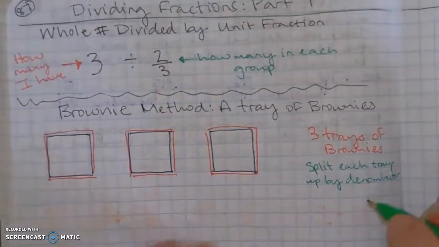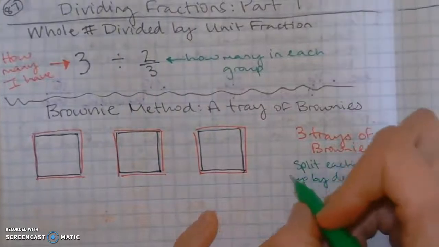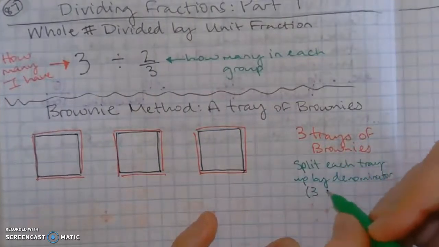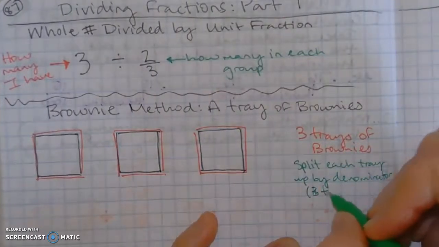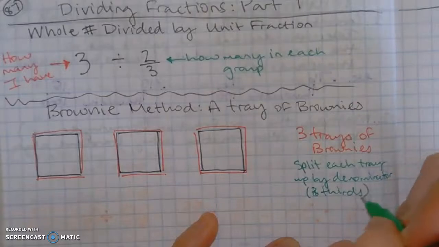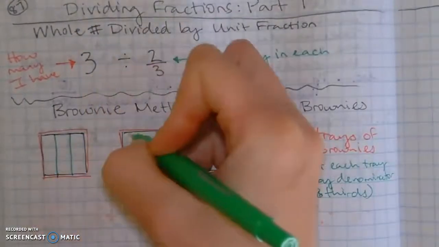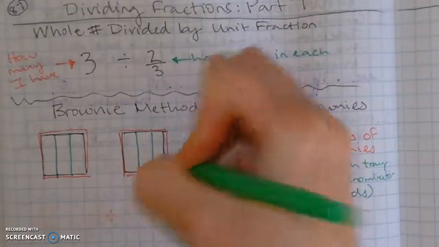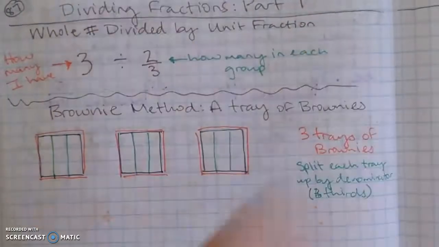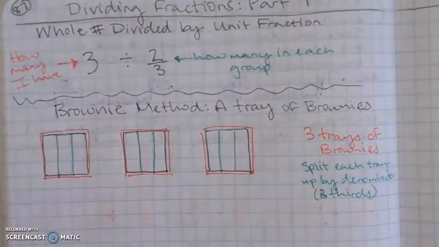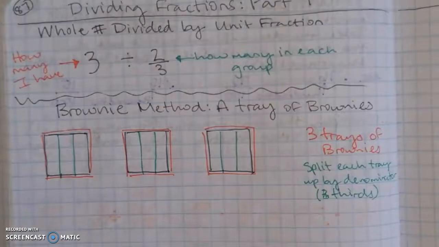In this case, it would be thirds, not 3. Same thing. Okay, so I'm going to split these into thirds. So each of my pans now has been split into thirds.